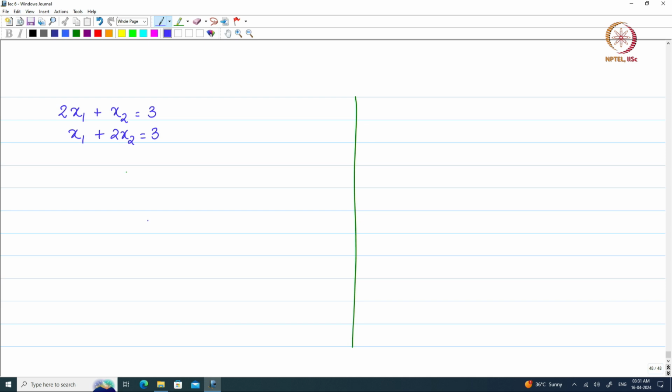When we interpret this as a system of equations Ax equal to b, we populate the coefficients in the matrix A, 2 1 1 2, the unknowns are put in a column vector, and on the right hand side you have the b vector, which is 3 3.